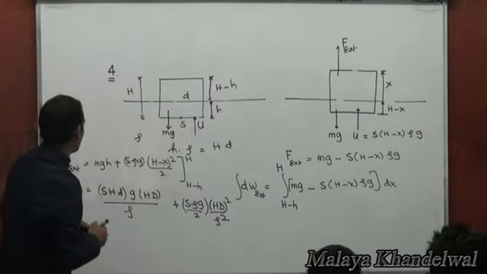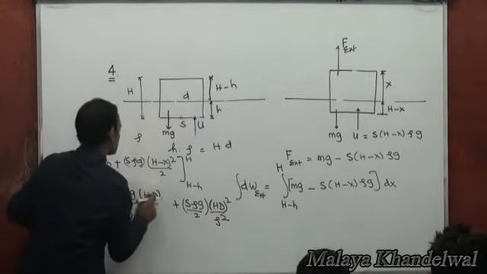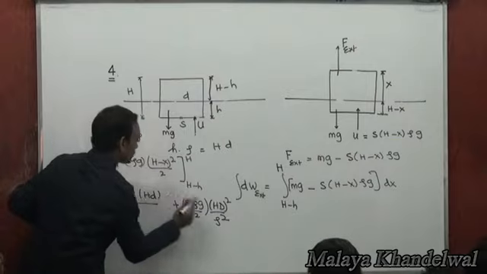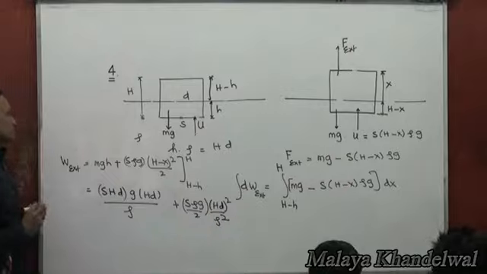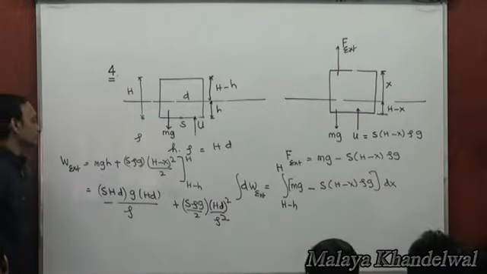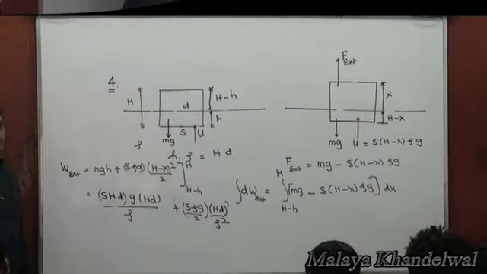H into small d, all of this small d, d is the density. So this is what it would be.